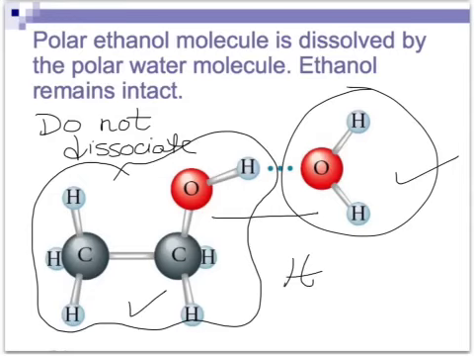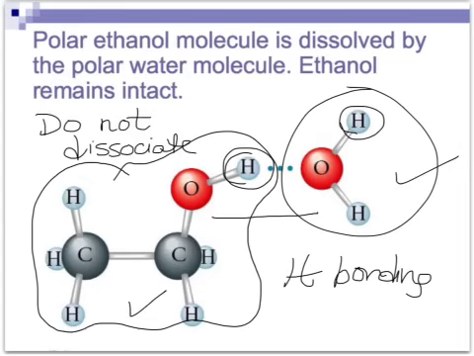They are hydrogen bonding because both the solvent and the solute have hydrogen atoms directly bonded to an oxygen. So they can both participate in hydrogen bonding, therefore the attraction between them is very strong, and ethanol does in fact dissolve in water. So covalently bonded compounds do in fact undergo solvation, they just don't dissociate.